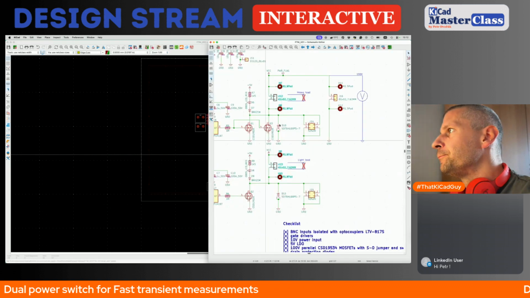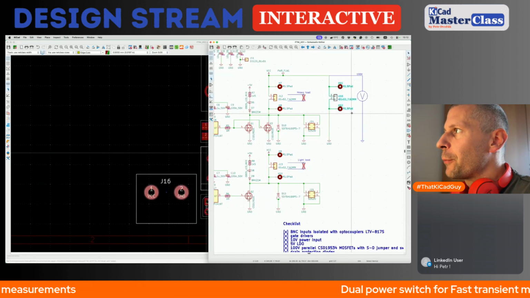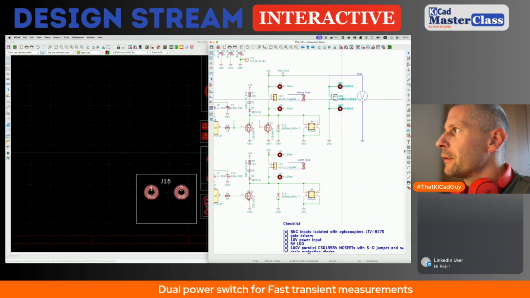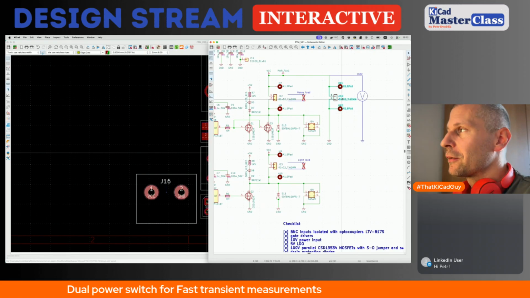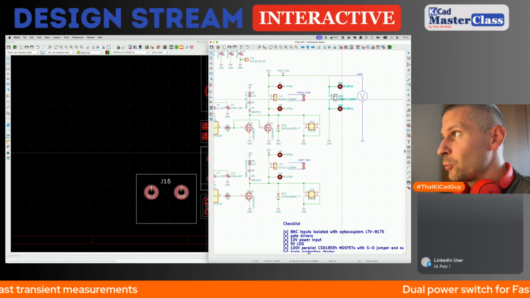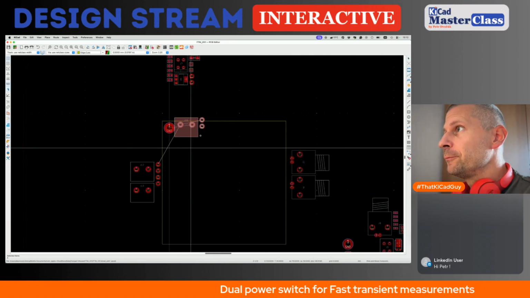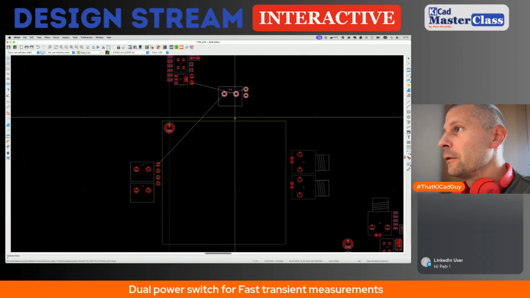The external power supply, like the power supply being measured, or the device under test terminal, plus two mounting holes, will be placed on the top edge, here.